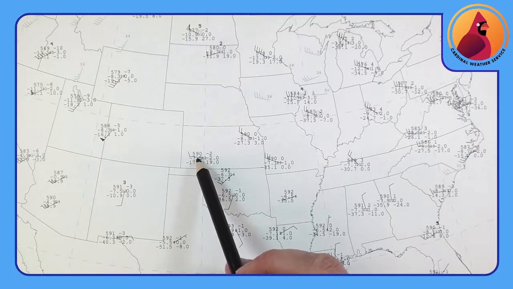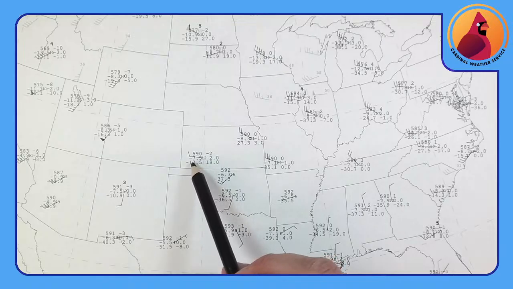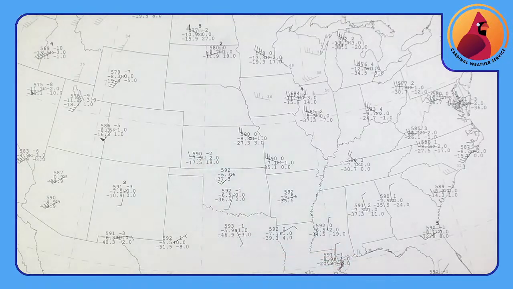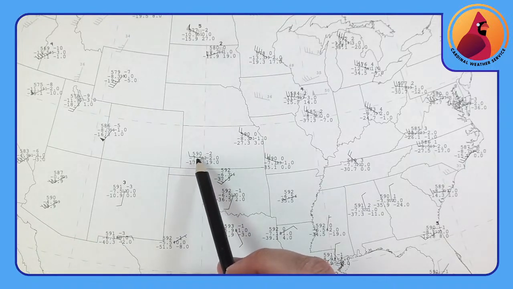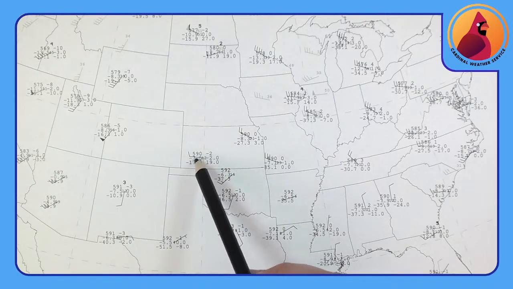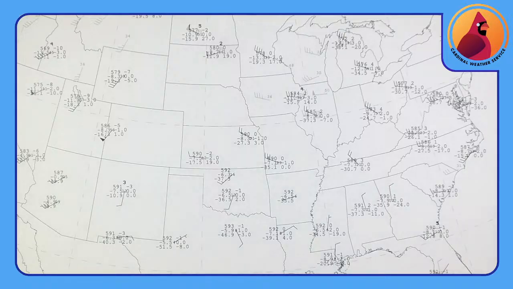For instance, this station has 590, which means the height at which the balloon with the package of instrumentation measured 500 millibars was 5,900 meters above the surface.